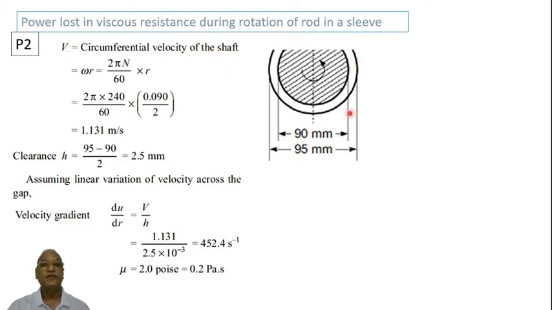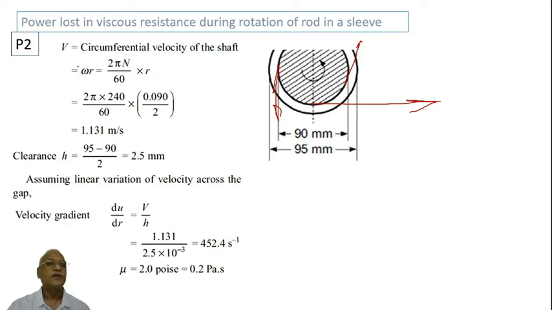If you want to calculate the surface velocity tangential to the rotating shaft, at this particular point the velocity will be like this. Or here, it will be tangential like that. Or here, it will be tangential, in the sense vertically downwards.